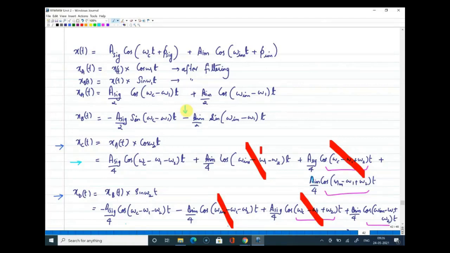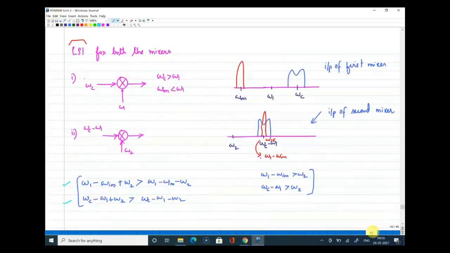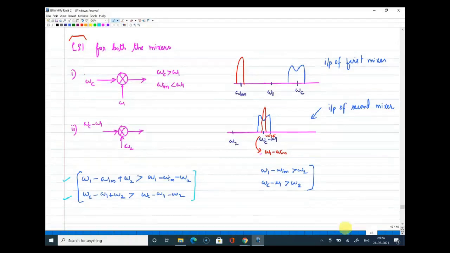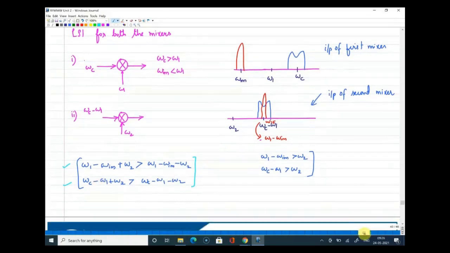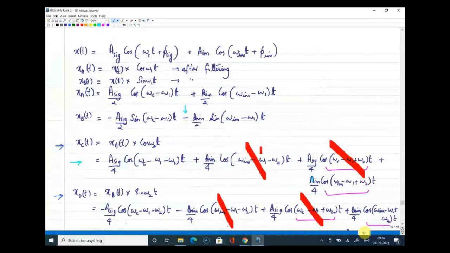So what happened here is why I have taken this form is because that is what we have. To avoid confusion, I directly took the frequency components on the right and left accordingly. When I applied that to the argument of the cosine, I considered cos of minus theta as cos theta itself.